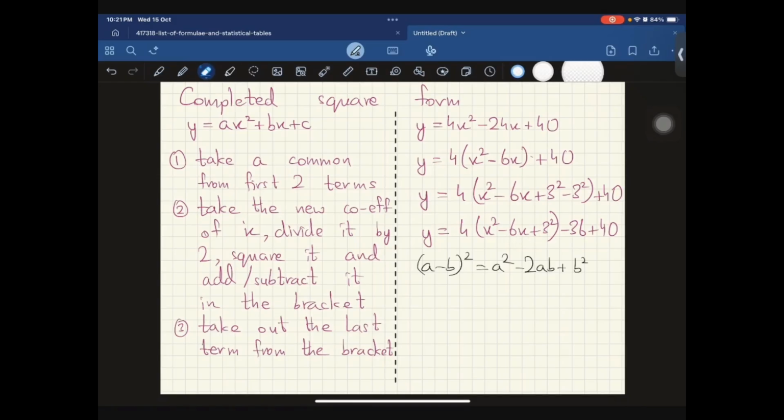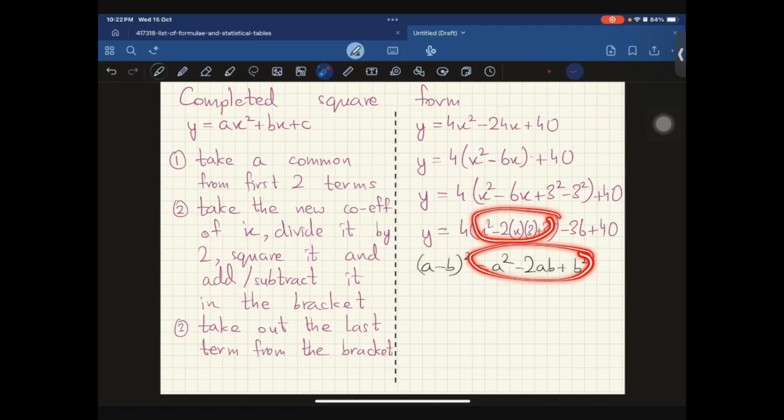So your thought process should be: you have x squared minus 6x over here. This 6x can be written as 2 times x times 3. Does this look similar to this? Yes. So what can I replace this bracket with?